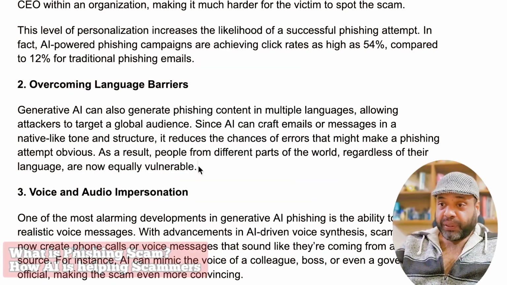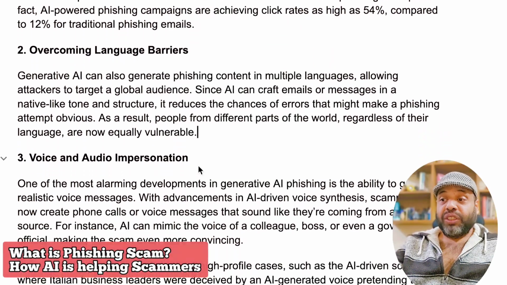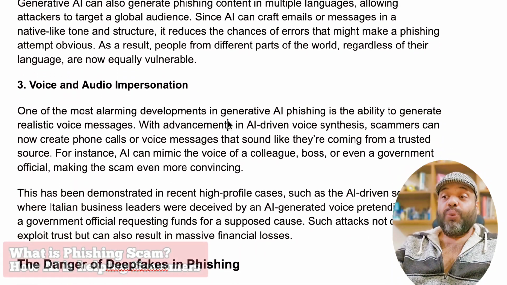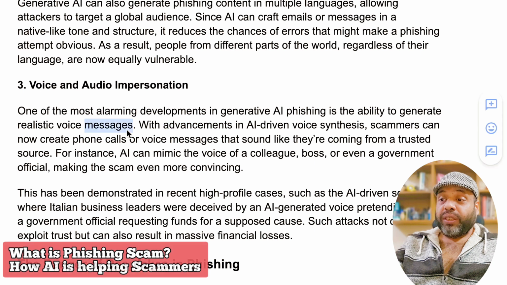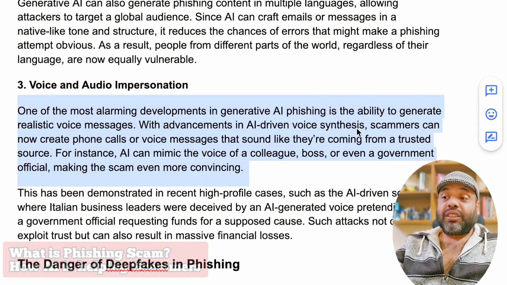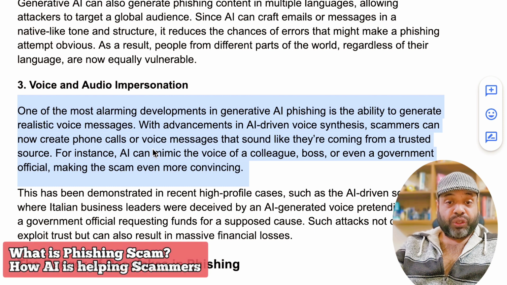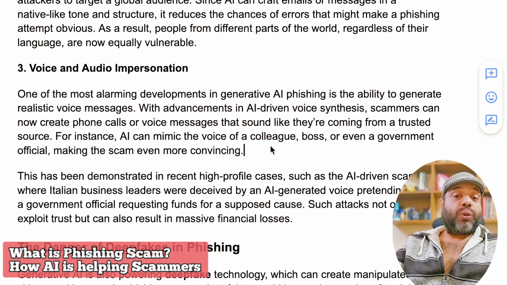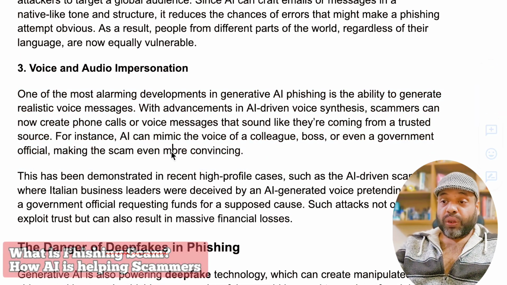Voice and audio impersonation. One of the most alarming developments in generative AI phishing is the ability to generate realistic voice messages. With advancements in AI-driven voice synthesis, scammers can now create phone calls or voice messages that sound like they're coming from a trusted source. For instance, AI can mimic the voice of a colleague, boss, or even a government official, making the scam even more convincing. So that's what we were talking about, right?